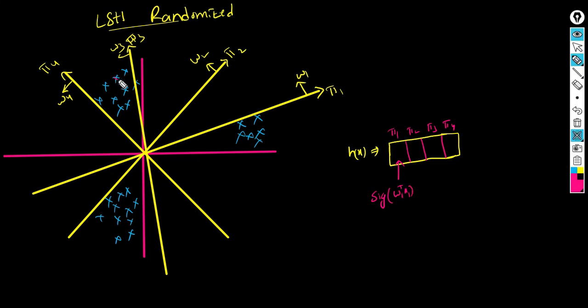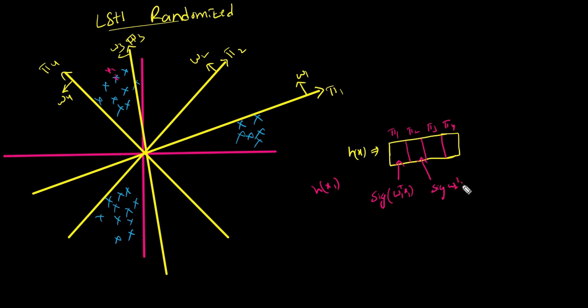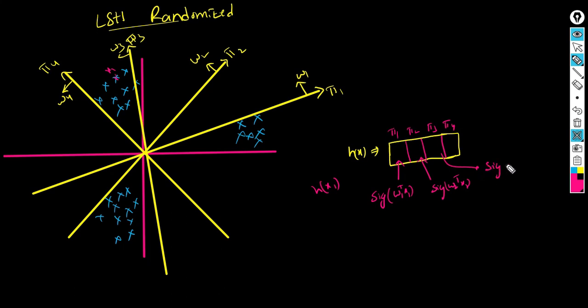Suppose this point is x1, and we are going to find its hash key. That means by applying x1 to the hash function, we will get this. And here sign of w2 transpose x1, sign of w3 transpose x1, and sign of w4 transpose x1.